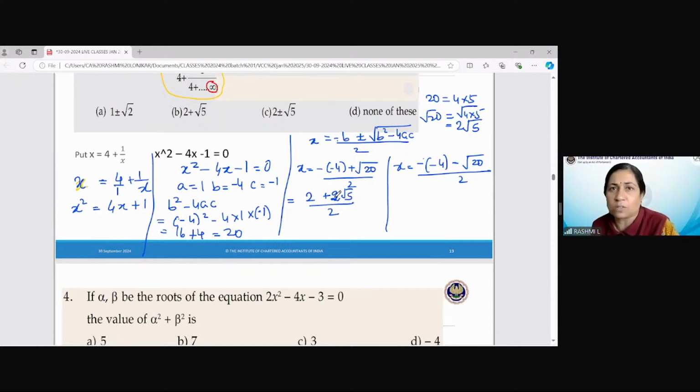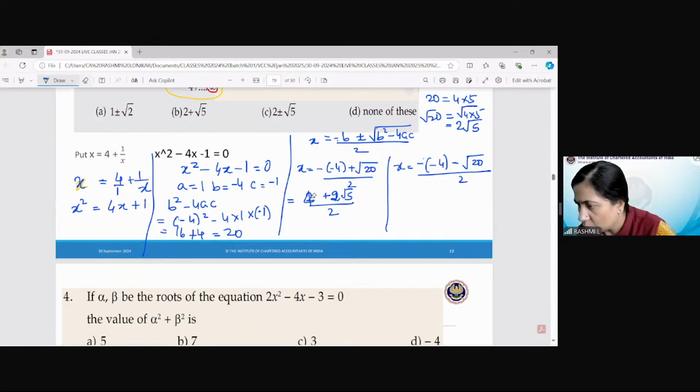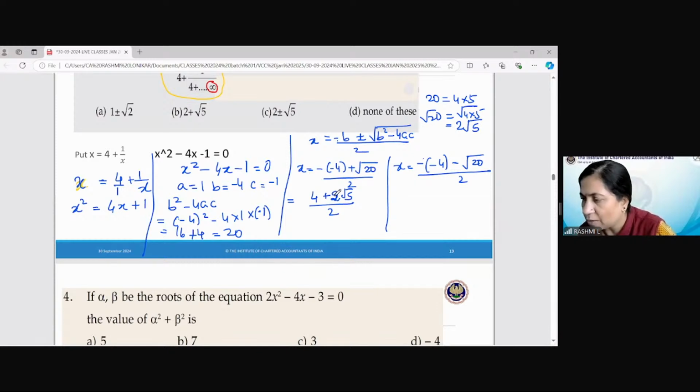In the numerator there is also a 2 which I can take common out, and in the denominator there is also a 2. So 4 plus 2 square root of 5, I take 2 common out, and the answer will be 2 plus root 5.